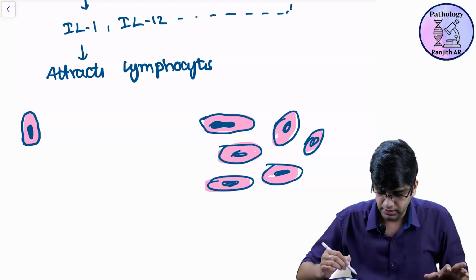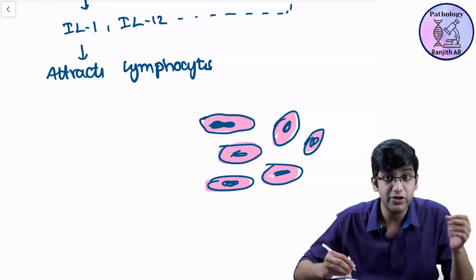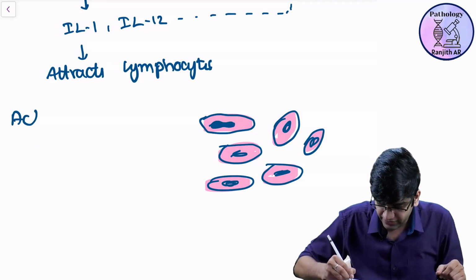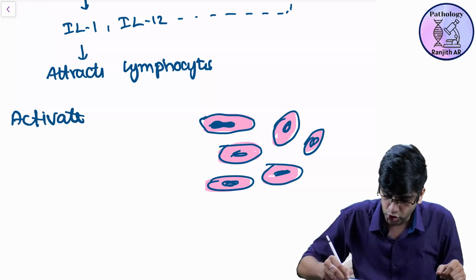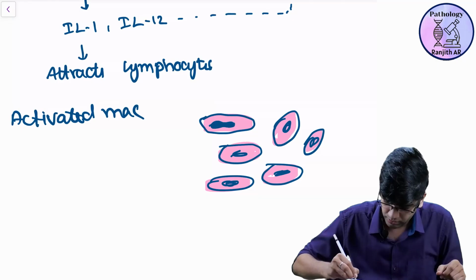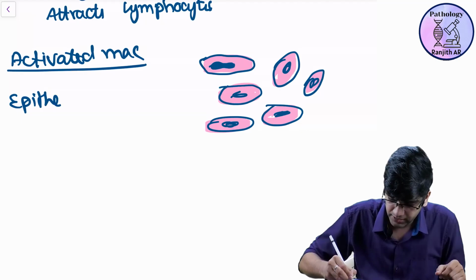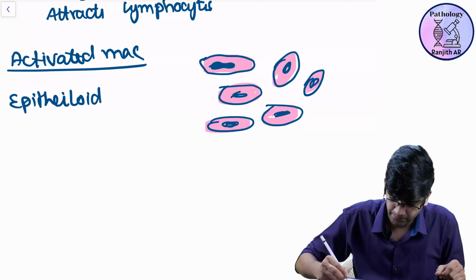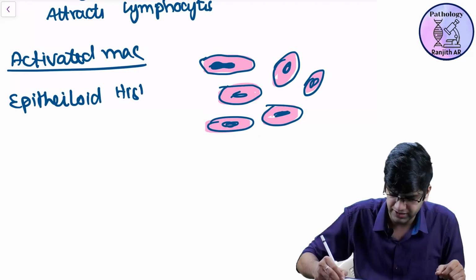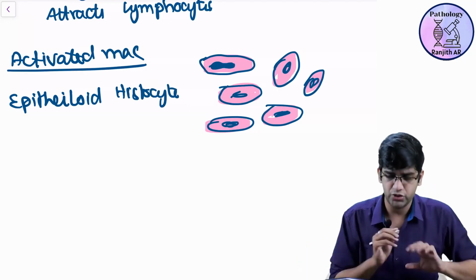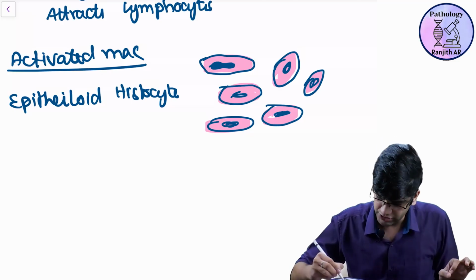Both mean the same. The activated macrophage got one more term. It looked like an epithelial cell, so an epithelioid histiocyte. Histiocyte is macrophage.